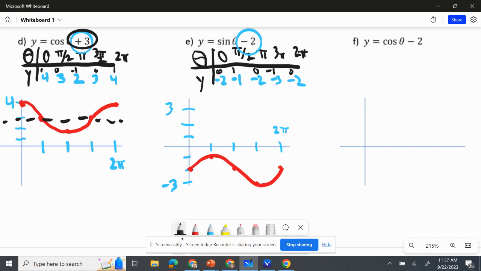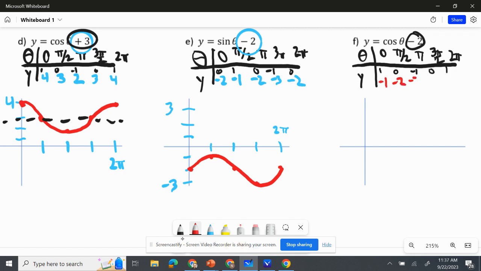Now, looking at letter F. This time we have cosine, and our midline is -2. The reason that we know that is our constant value is -2. So we have 0, pi halves, pi, 3 pi over 2, and 2 pi. Our cosine values are 1, 0, -1, 0, and 1. So when we subtract 2 from each of them, we get -1, -2, -3, back to -2, and -1.